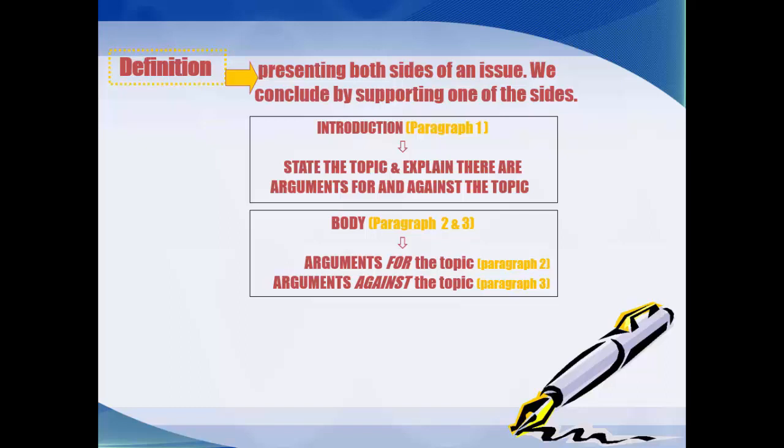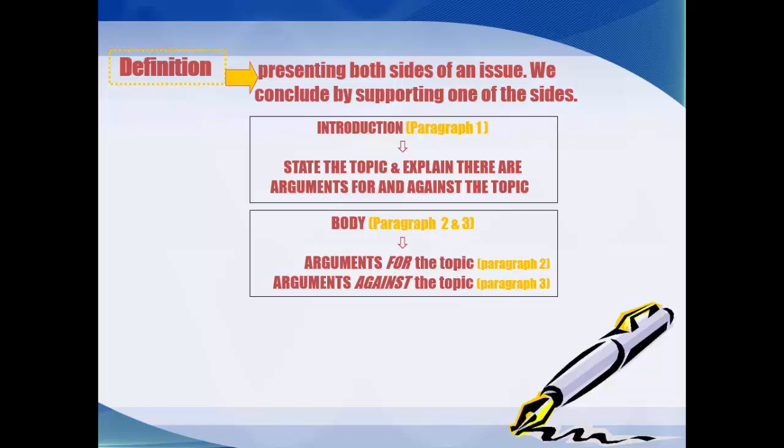For example, if we are talking about carrying mobile phone at school, in the first body paragraph of this topic, you have to mention why should you carry the mobile phone at school? Why are you supporting this point of view?